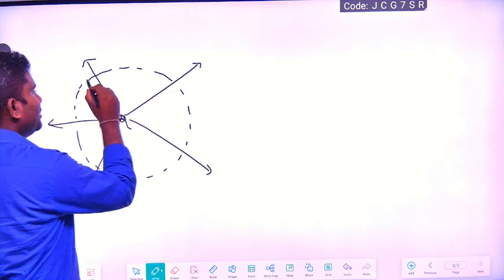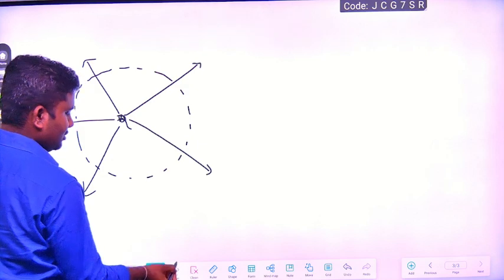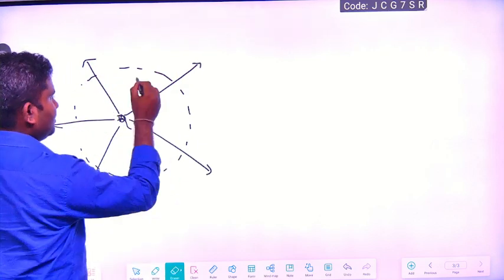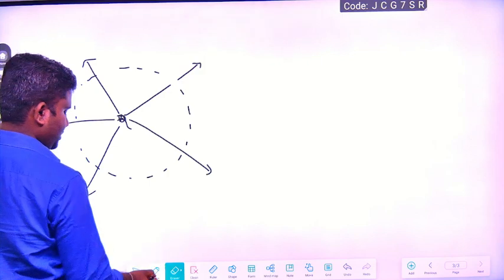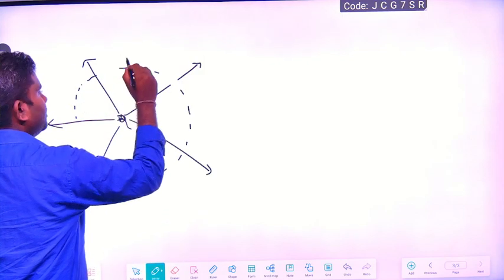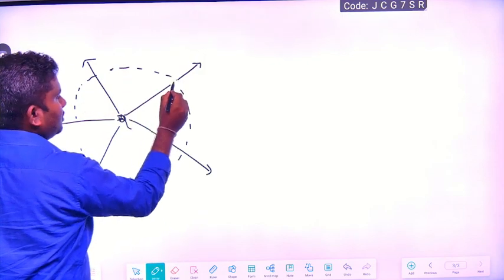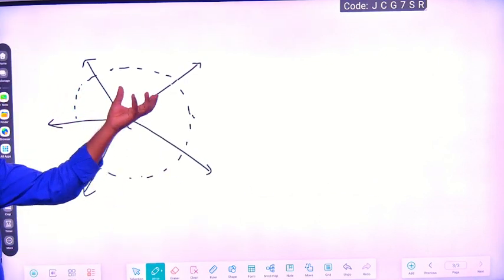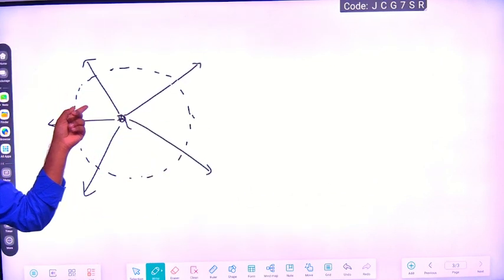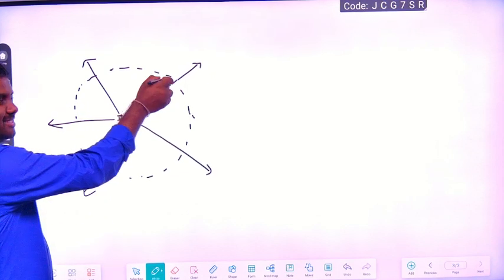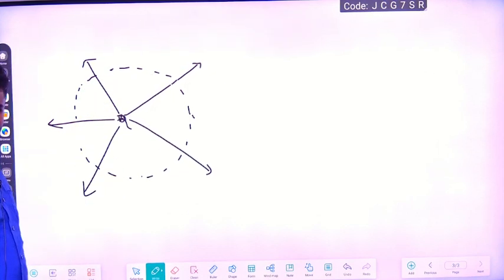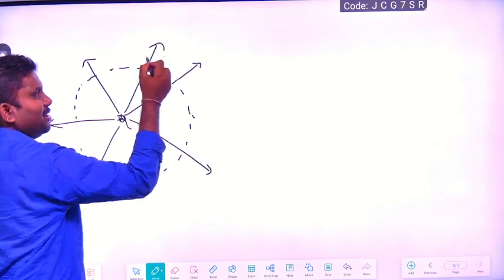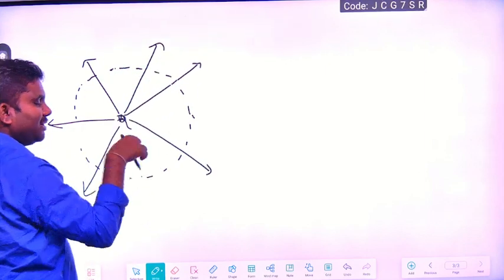Now, whatever points I am taking, you see the locus of all the points, they are at equidistance. Electric field lines are like this, but the points are at equidistance, right?